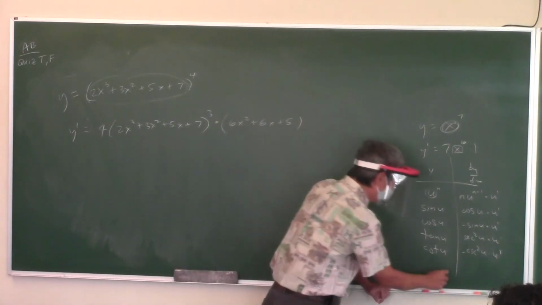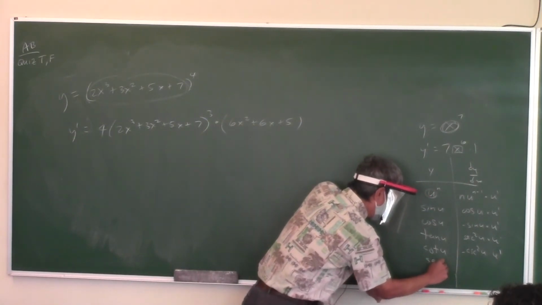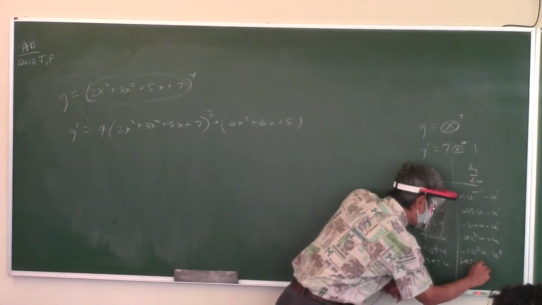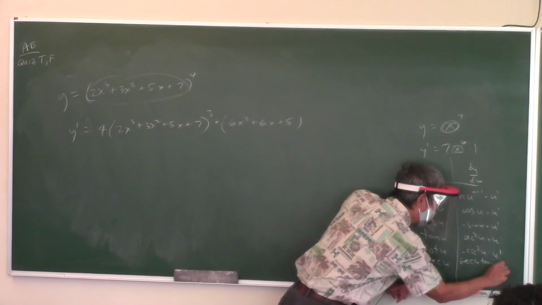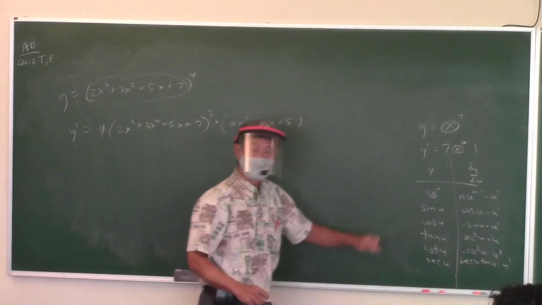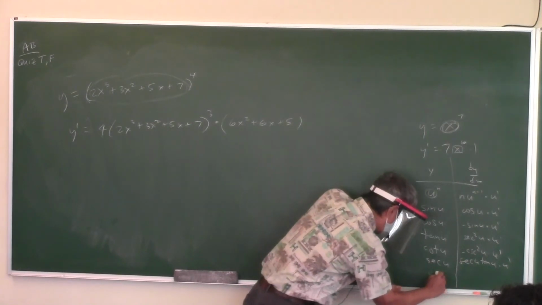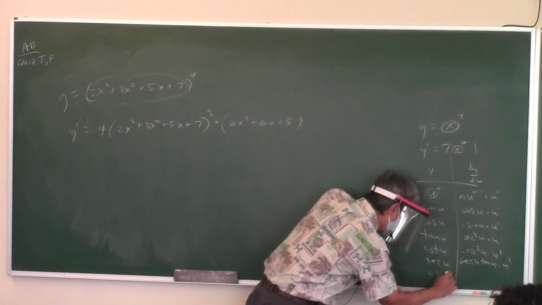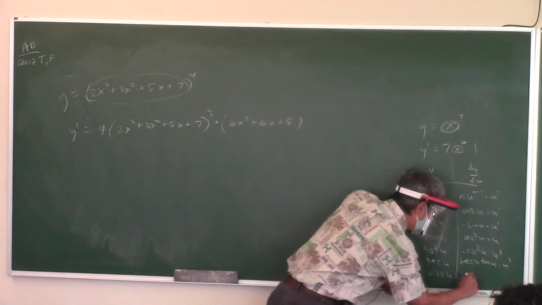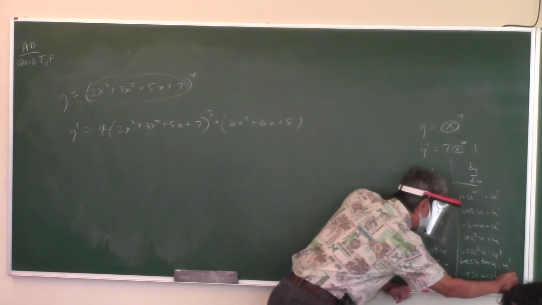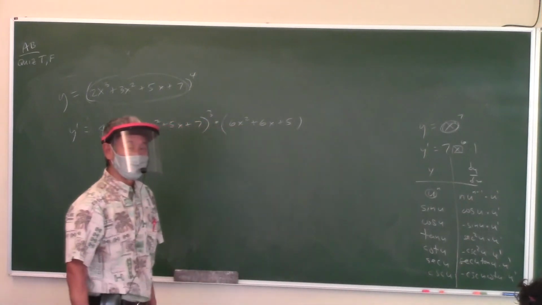Two more, and hopefully we get it by then. What's the derivative of secant box? Is it just secant box tangent box? No, thank you. Multiply by the derivative of box. And finally, cosecant box. Is it just negative cosecant box cotangent box? No. Thank you. There you go. That's your list.